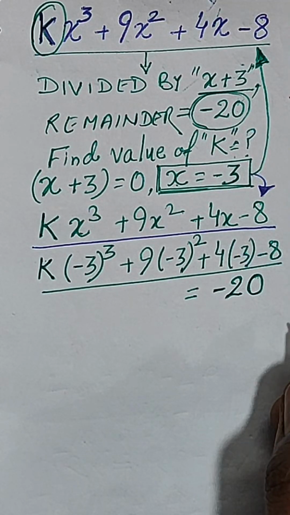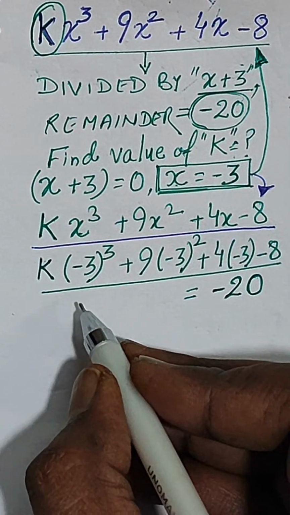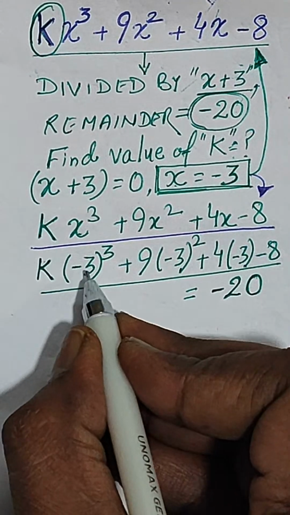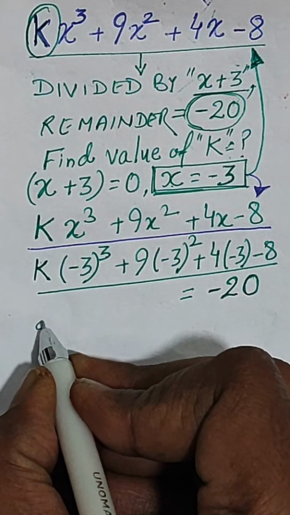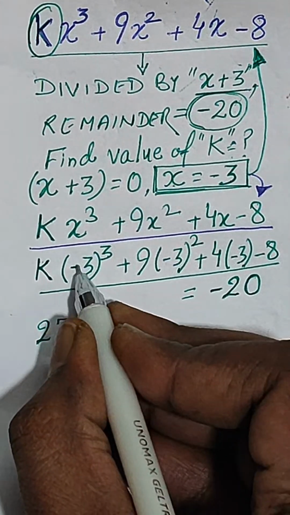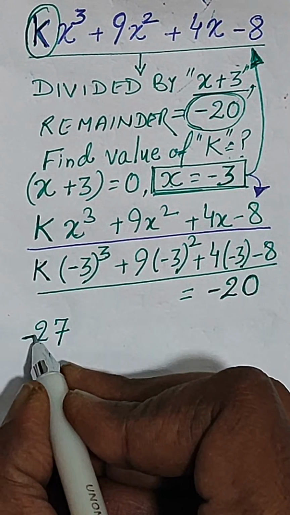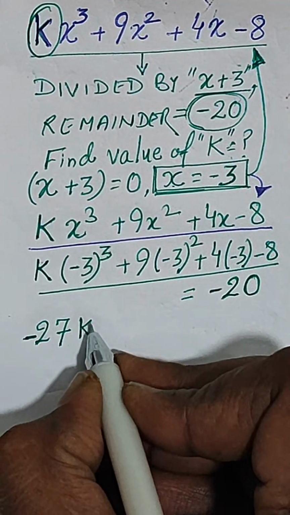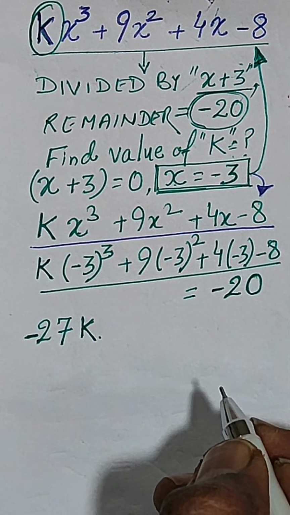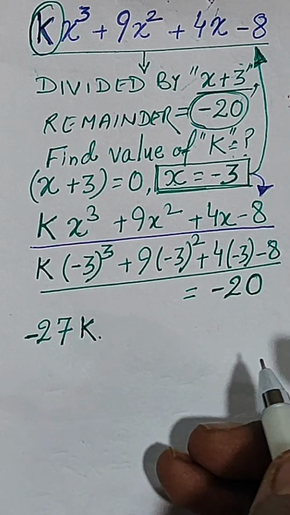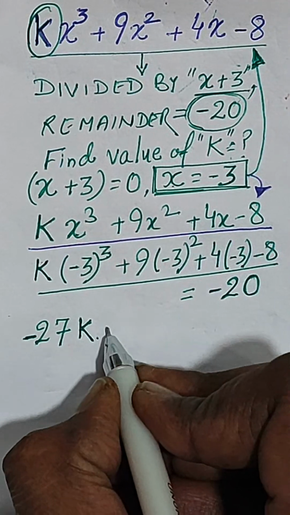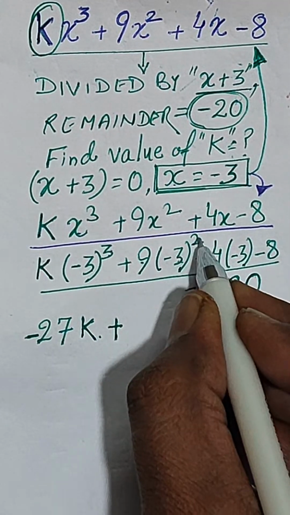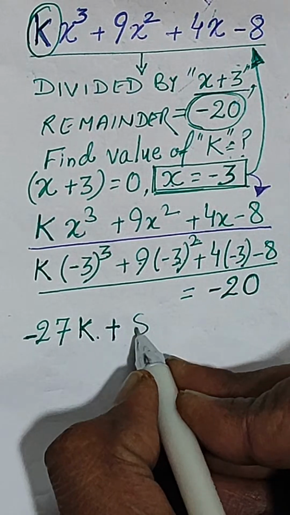So you can see this is an equation, and when you solve it, 3 power 3 will be 27, but minus coming 3 times, so it will be minus 27, right? Minus 27 times k. And plus you can see 9 into 3 square, 3 square is 9, 9 9 81.